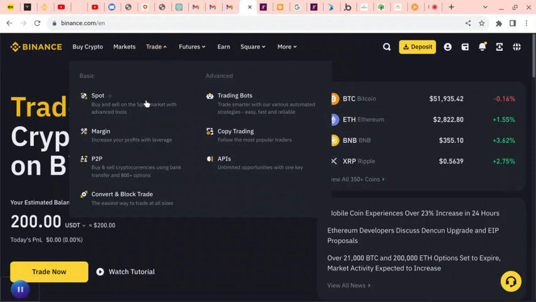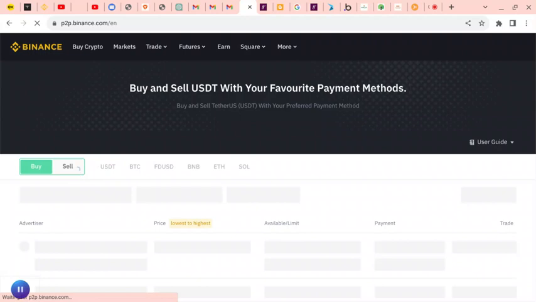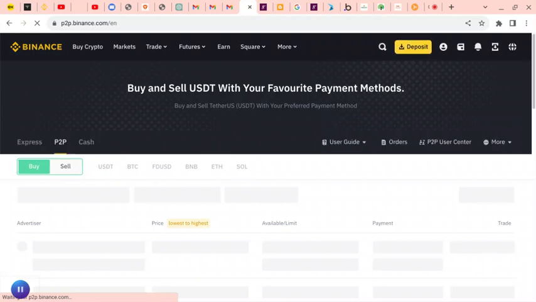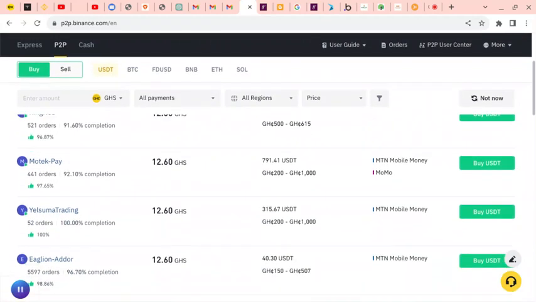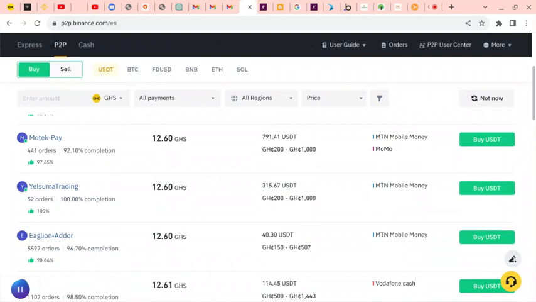So I came to P2P and checked whether the rate was very good, and I saw it was about 12.60. That one is very cool.